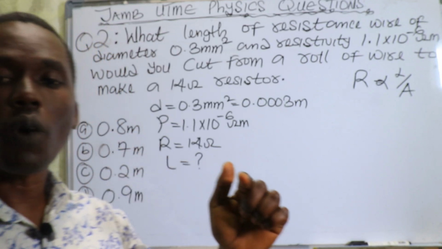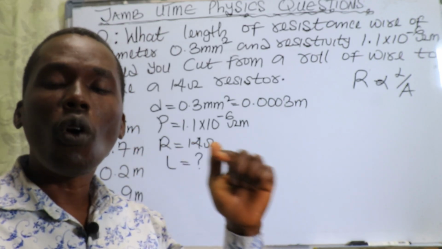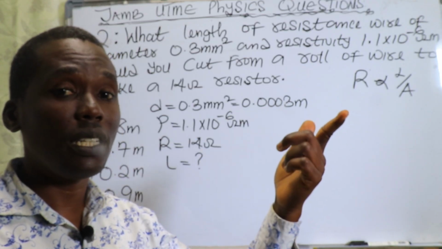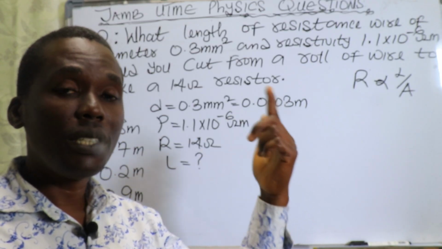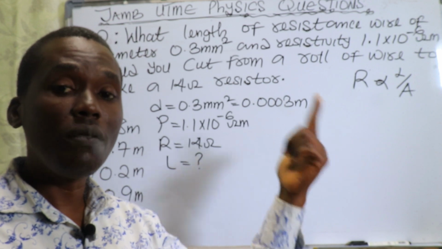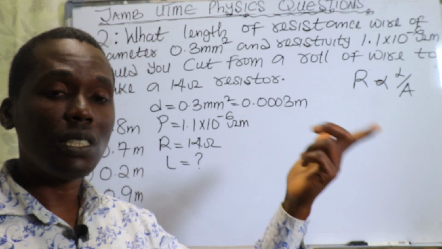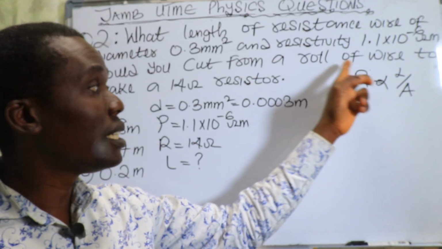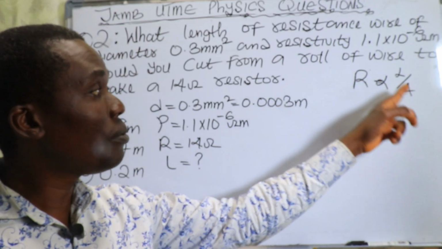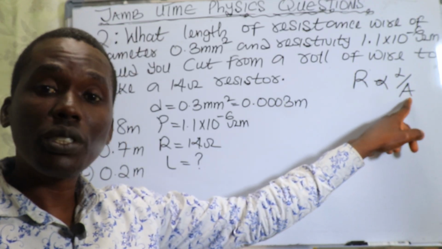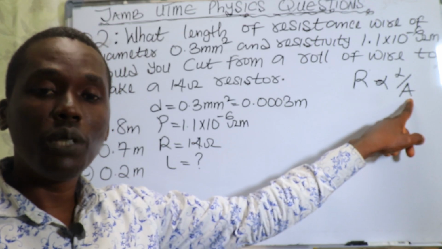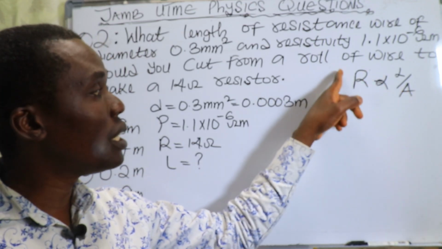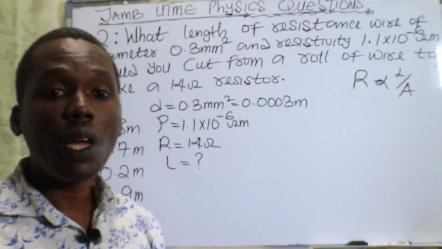That means if the length increase, the resistance go increase. If the length decrease, the resistance go decrease. And if the cross-sectional area increase, the resistance will decrease. So that means R is inversely proportional to A, but directly proportional to L.